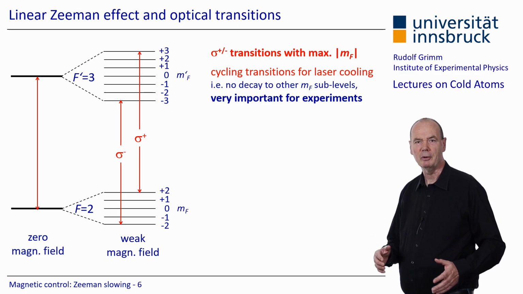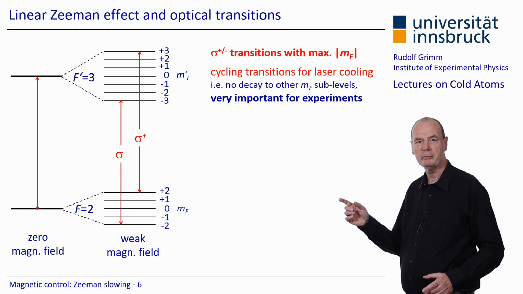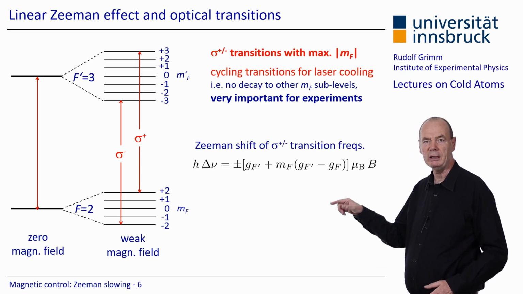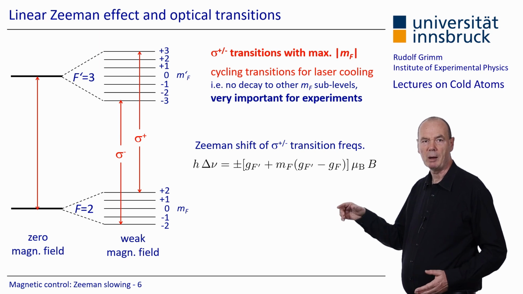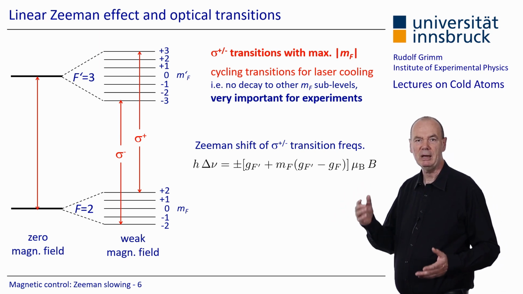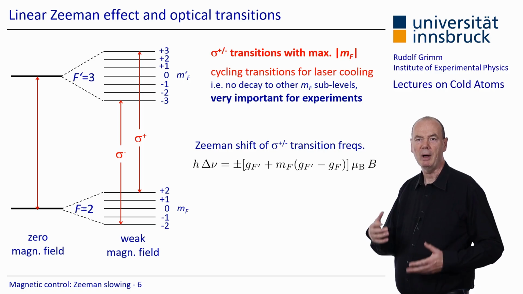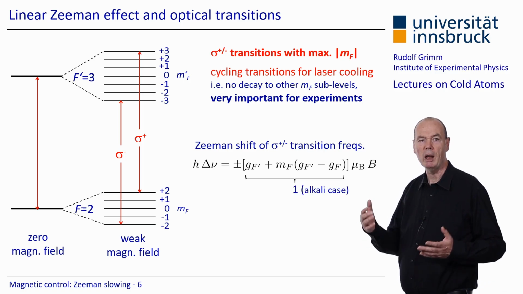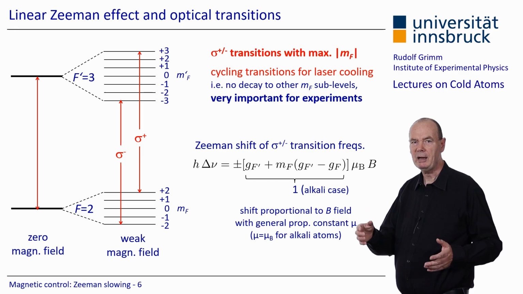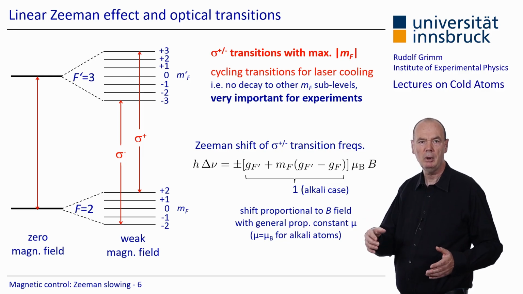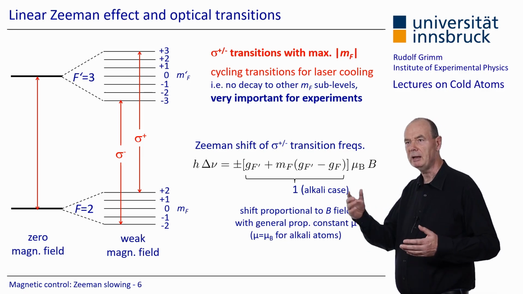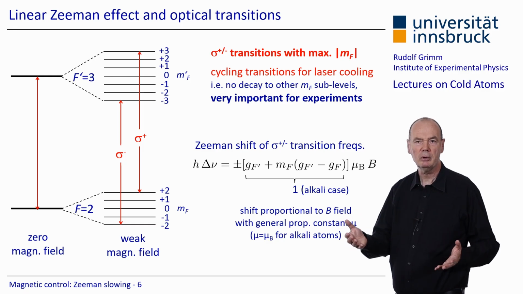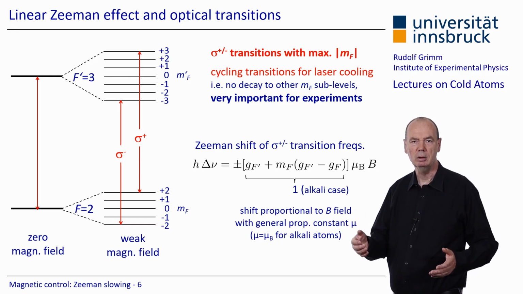The Zeeman shift of these particular sigma transitions follows our formula here. The prefactor in square brackets depends on the particular g factors, but for our special case it is 1. The proportionality constant between the Zeeman shift of the optical transition and the magnetic field B is just Bohr's magneton μb.